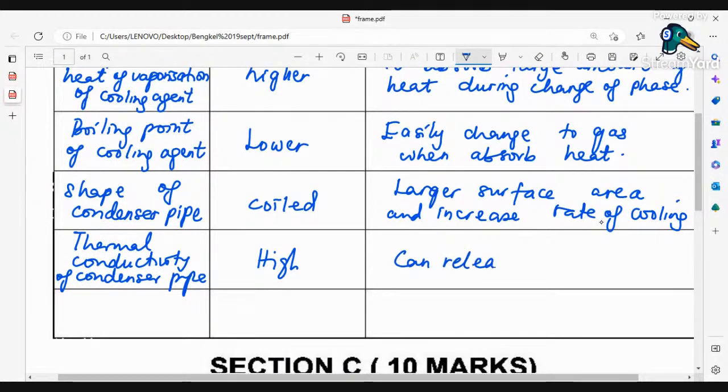For the cooling, or to cool down the cooling agent, so it can release the heat out faster to surrounding.